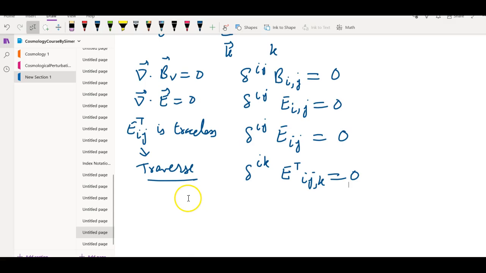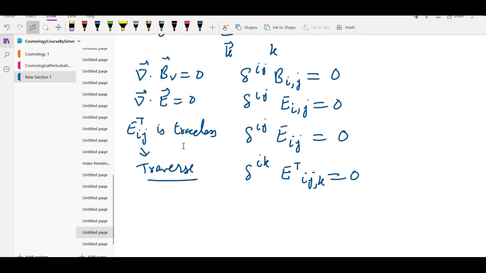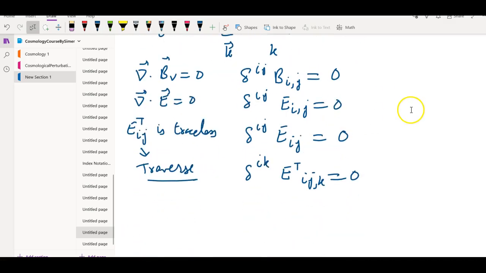Now before we go ahead and write the metric perturbations in the Fourier space, let us first write these constraints in the Fourier space. So I would like to write all of these constraints one by one in the Fourier space.